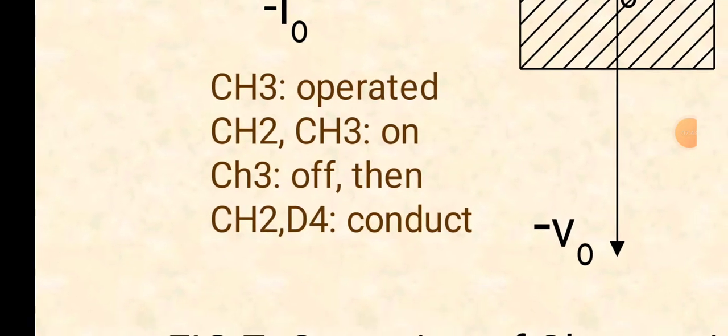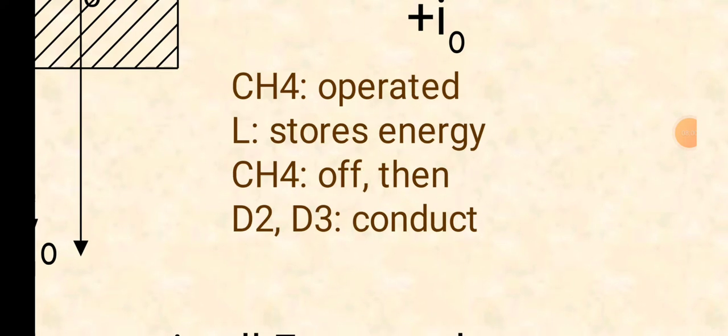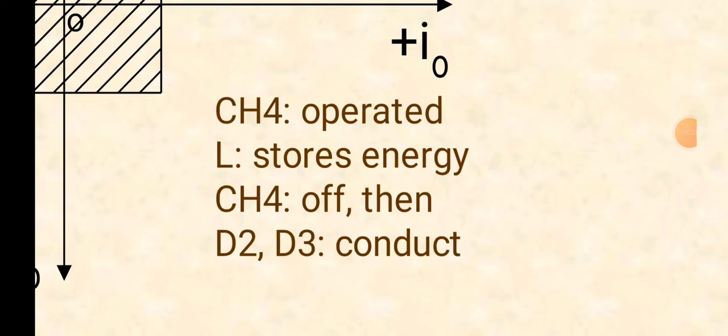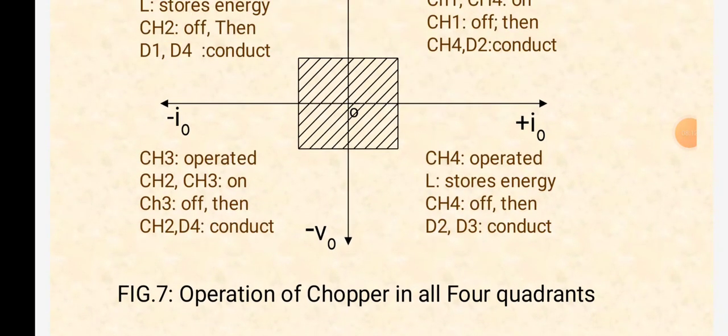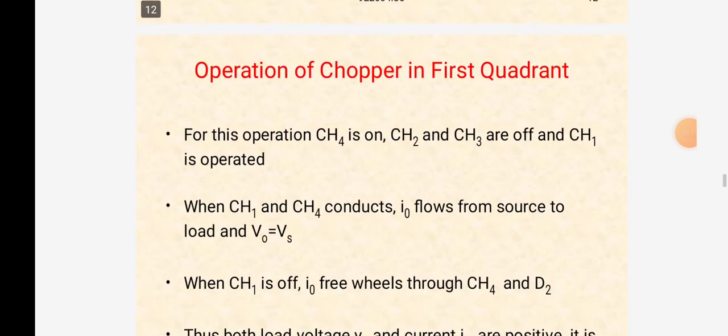In quadrant 3, chopper 3 is operated, CH2 and CH3 on, when CH3 is off, then chopper 2 and D4 conduct. In quadrant 4, CH4 is operated, L stores energy, when CH4 is off, then D2 and D3 conduct. This is the operation of chopper in all four quadrants.